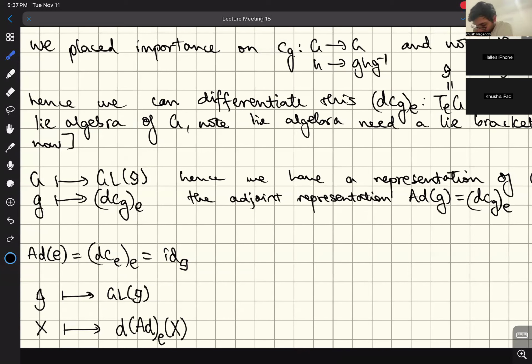And so you can, not canonically, but you can say that these two vector spaces are basically the same.